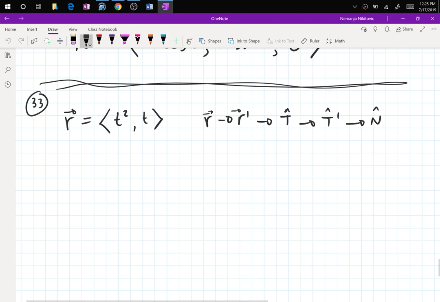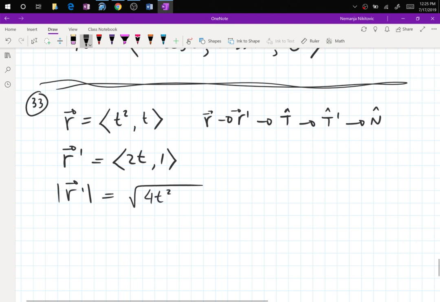Let's dance. r prime is 2t, 1. And the magnitude of r prime, which we need so we can compute t hat, is going to be the square root of 4t squared plus 1. There is nothing you can do to simplify that.